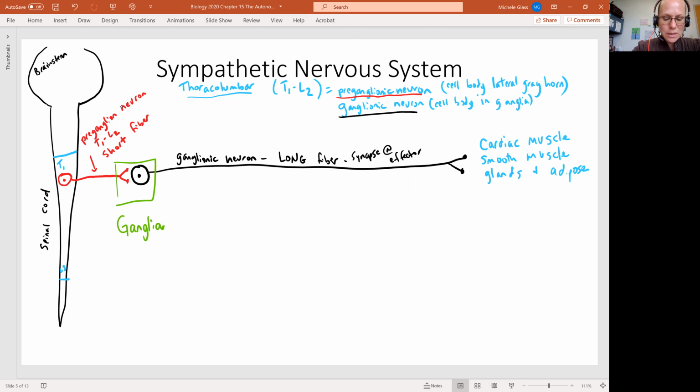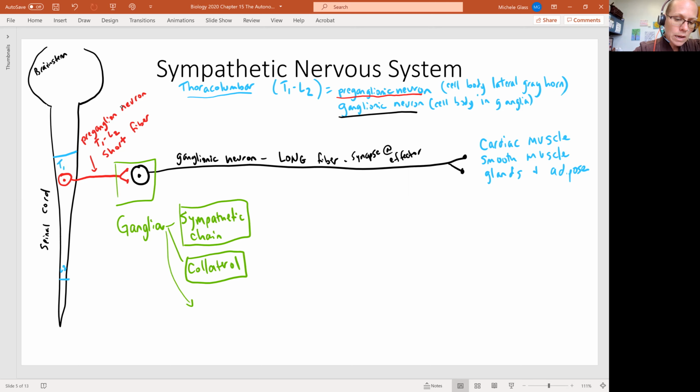This is part of that organization. So we're going to have what is described as the sympathetic chain. We're going to have what's called the collateral. And we're going to have what's called the adrenal medullae, with the AE ending as the plural form of the word.